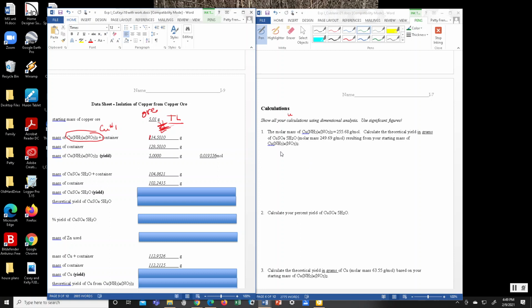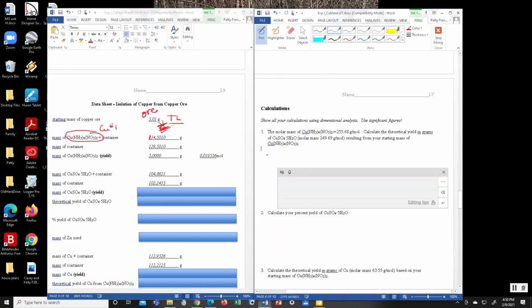tetraamine complex. And our first calculation question was, how many moles is it, and how much copper 2 sulfate pentahydrate can we get from it? So coming over here, we took our 5.0000 grams, and I'm going to call it again copper number 1 because I don't want to write that whole thing, times 1 mole.